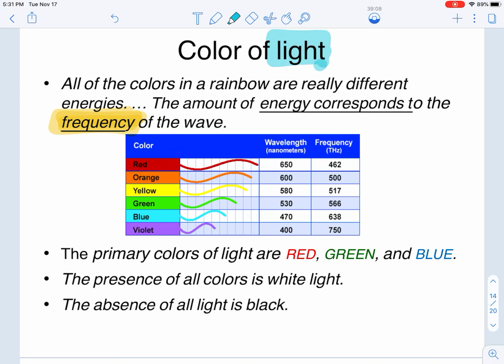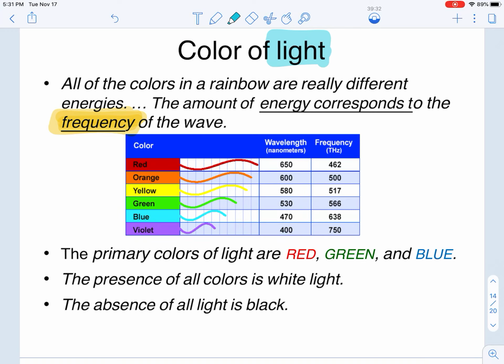Now, when we are talking about light, I need you to know what the primary colors of light are. So when we are dealing with light, this is not what you learned in art class. Your primary colors for light are red, green, and blue. Red, green, and blue.